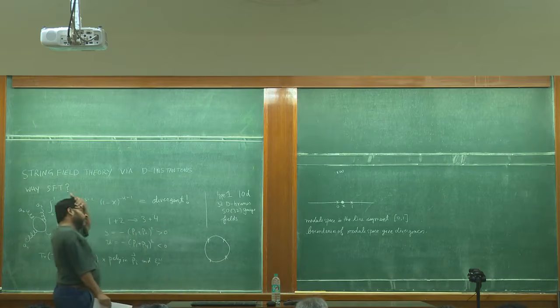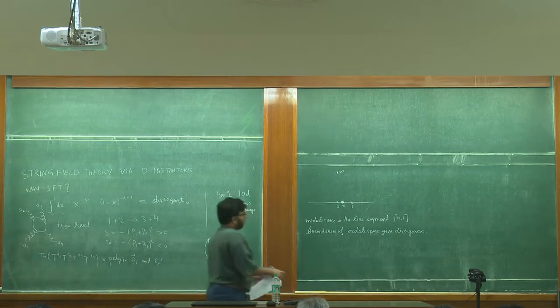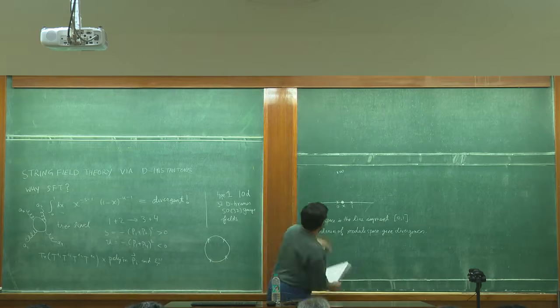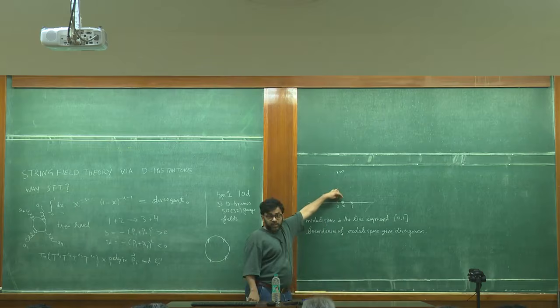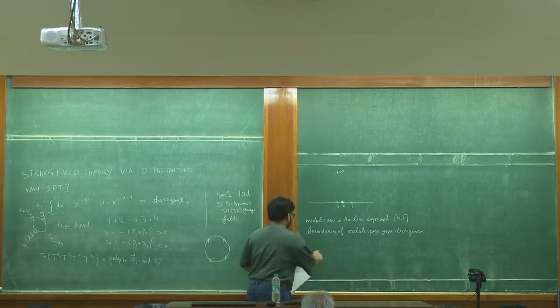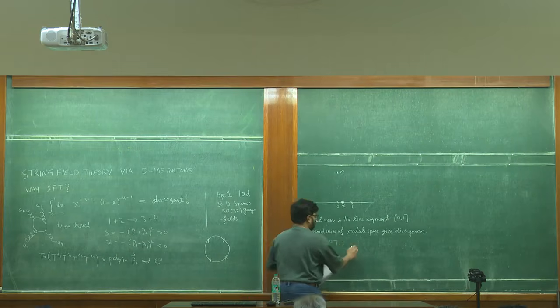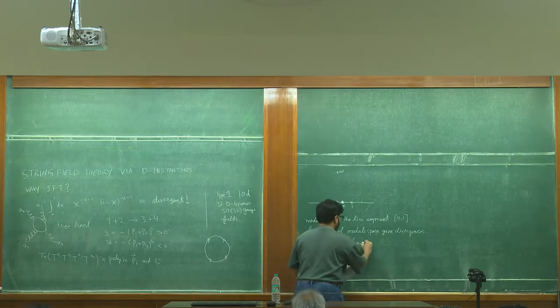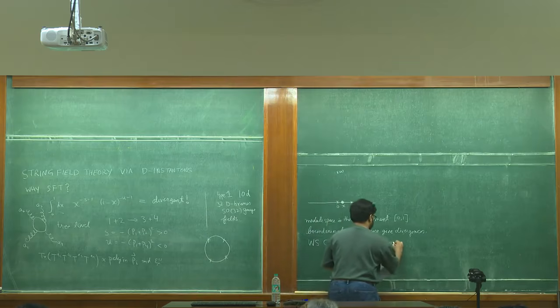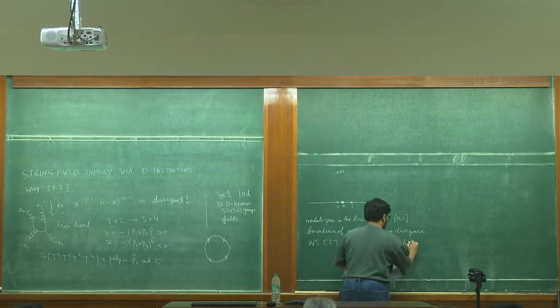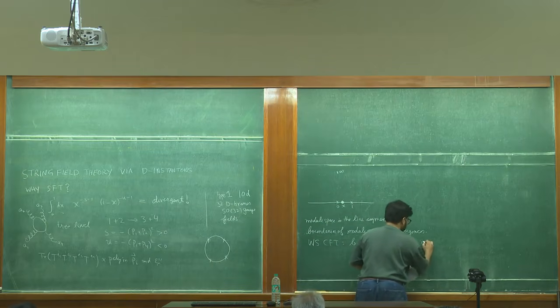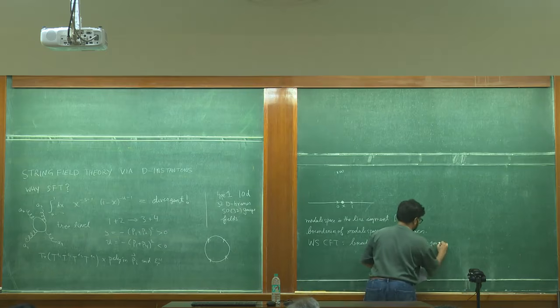There are actually many ways to see this. One is that when x goes to 0, these 2 points are coming close to each other. Okay. So from the worldsheet CFT point of view, boundaries are governed by the OPE expansion.